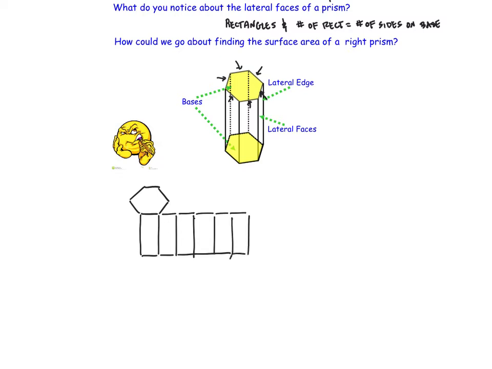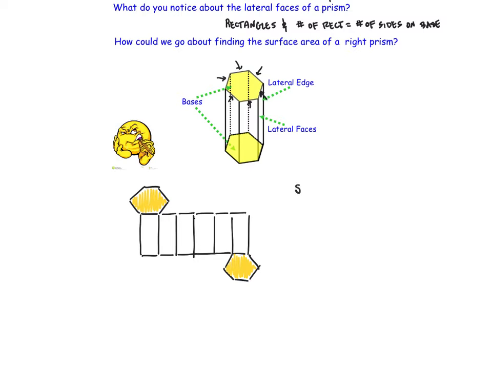Okay, what I'm doing is I'm unraveling my hexagonal prism. Take a look at this. Here were our 2 bases. There they are, 2 hexagons of equal area.